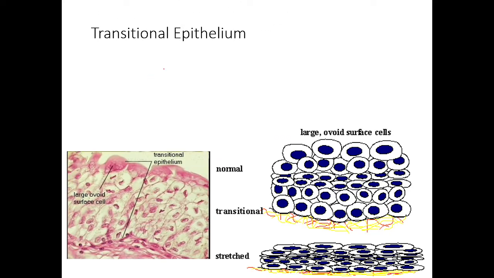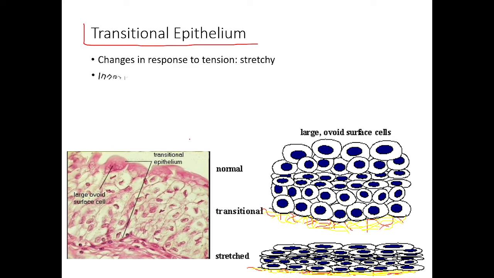Next one is transitional epithelium. What is transitional epithelium? Transitional epithelium changes in response to tension or when there is stretching of the tissue. The inner lining of the bladder, and the lining of the urinary passage in the penis or in the vagina, these cells are present. You can see this transitional epithelium.